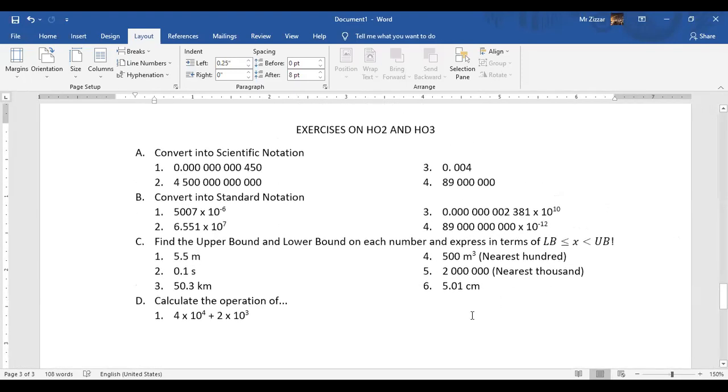Calculate the addition or subtraction of. Okay, only.